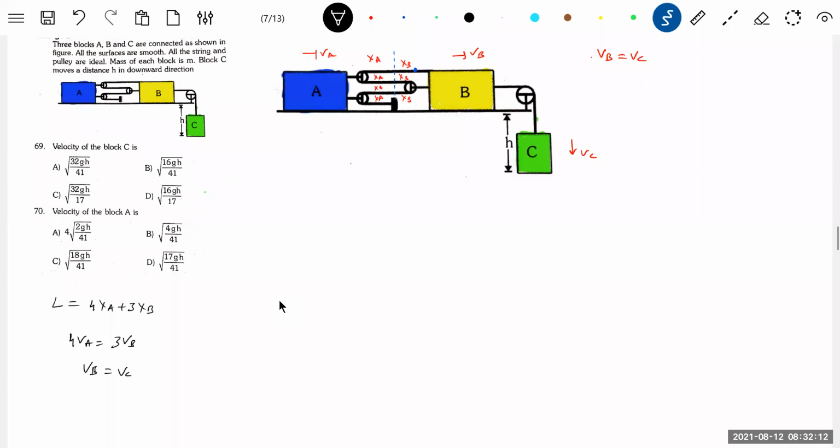Okay, let's go for the free body diagram. What are the forces acting? Tension, mCg. Then this tension, let's call it T1, and this tension, let me call T2. Here it will be 2T2. I can't show it in all, so here it should be 2T2.